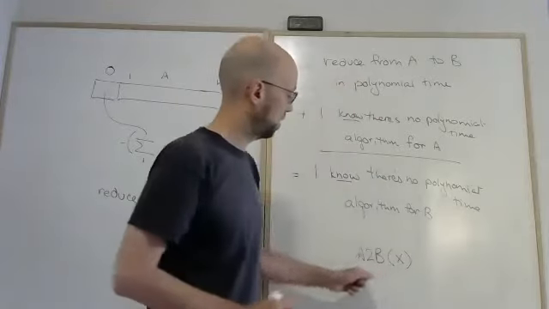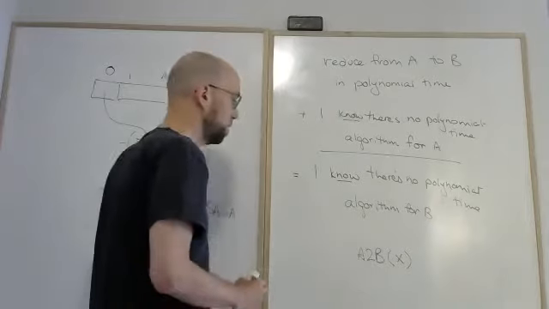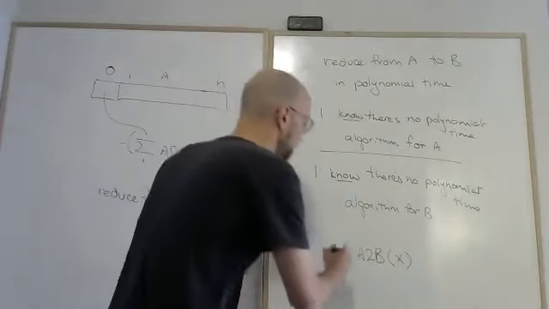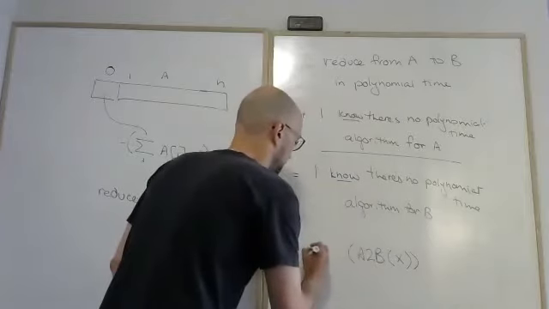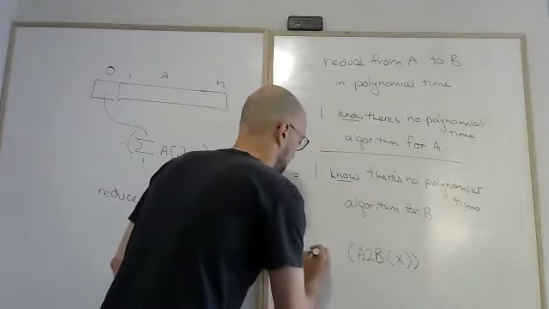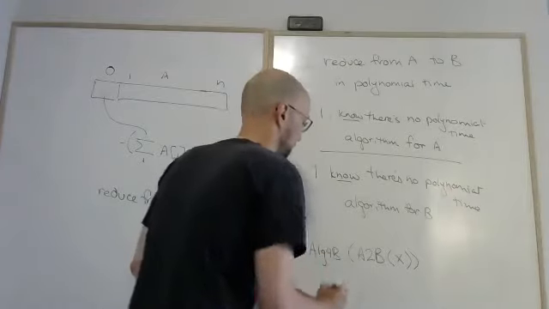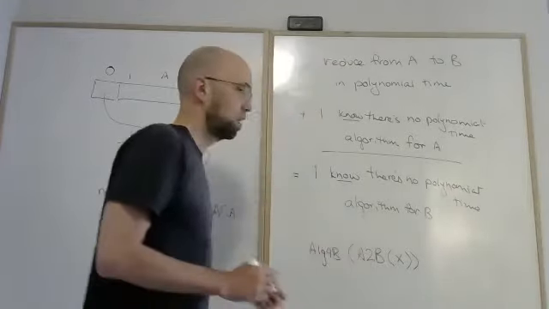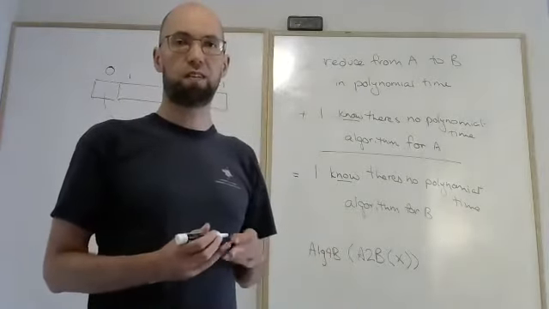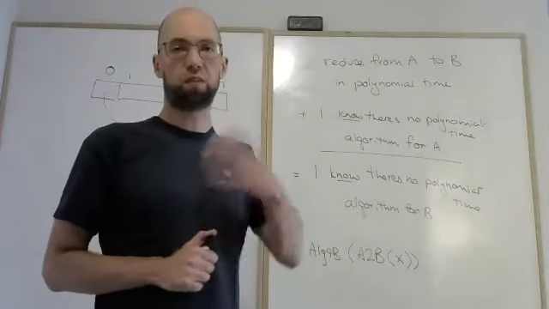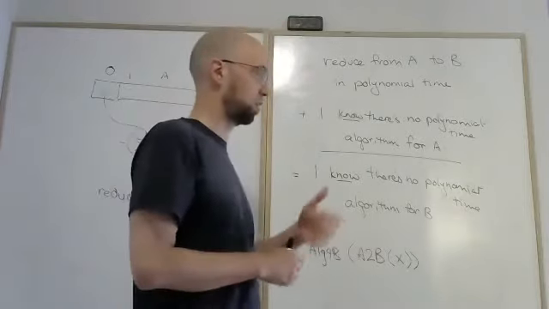I reduce x, turn x into an instance of B, and then I run the algorithm for B. Assuming that my problems are yes/no problems, which is what we're going to do in this course, just decision problems, you say yes or no.